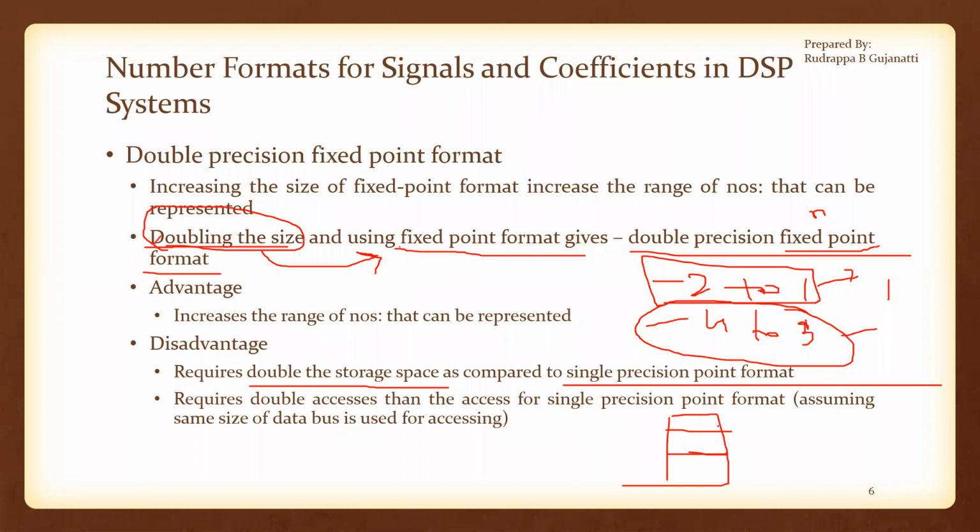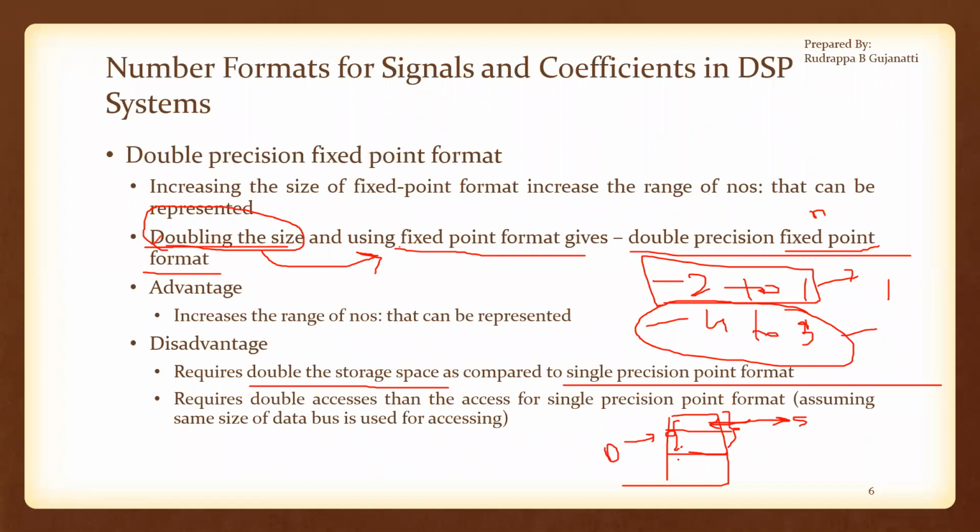In single precision, say I'm storing it in one location. But when we double the size, one number will be stored using two locations. So this entire thing gives me one number in case of double precision, and in case of single precision, only one location is sufficient.